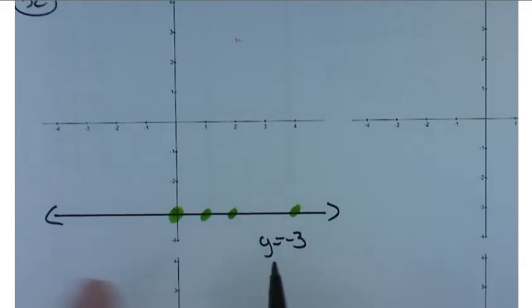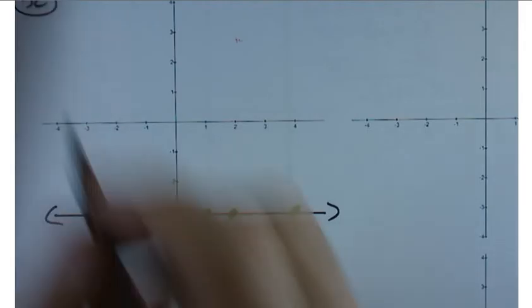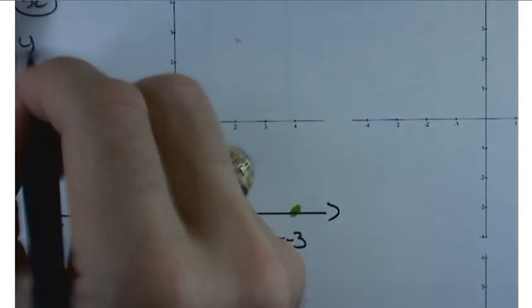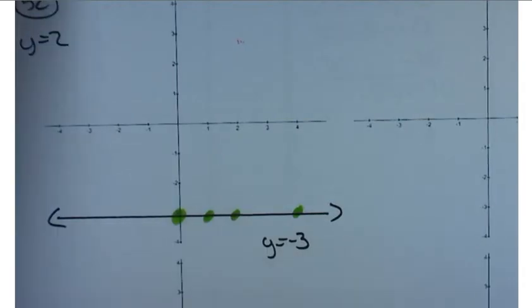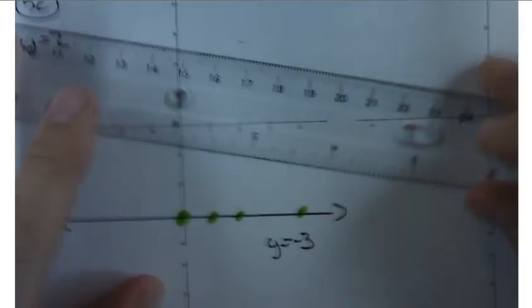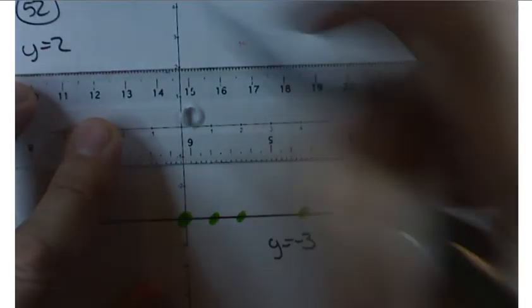If I gave you the graph of y equals 2, are you going to plot points to graph that? Or can you just come up with a graph? What's the graph going to look like? Yeah, straight line, another horizontal line on 2. Yay.